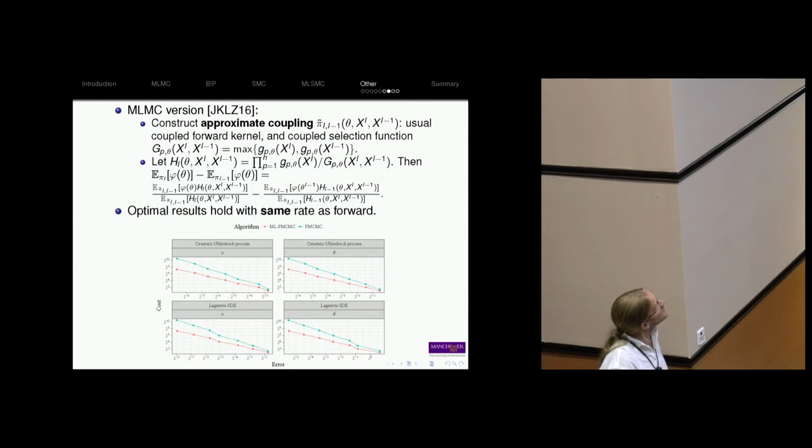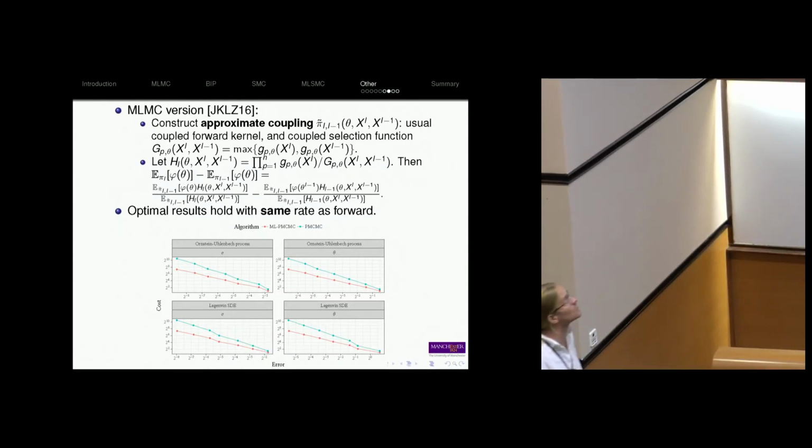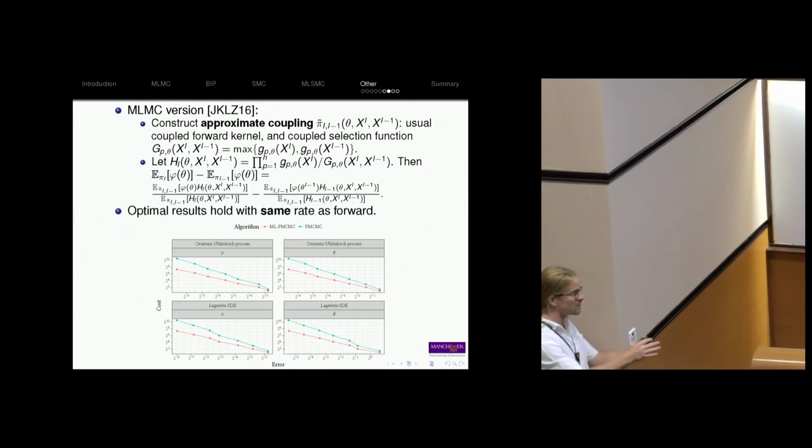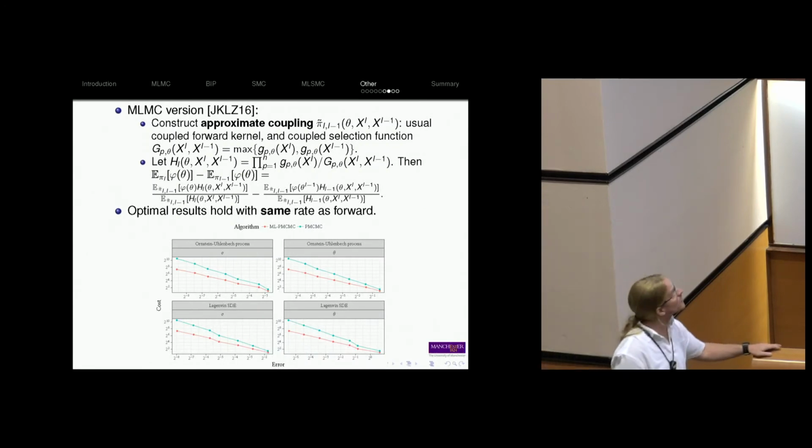So now we have these H_l and H_{l-1}. We define these weights, which are the importance weights to estimate the coarse and fine respectively with respect to the coupled. So we've got this coupled particle filter. It doesn't have the right marginals, so we do importance sampling to re-weight.